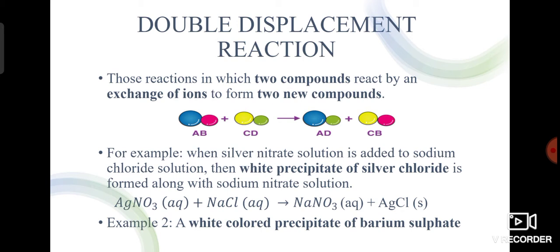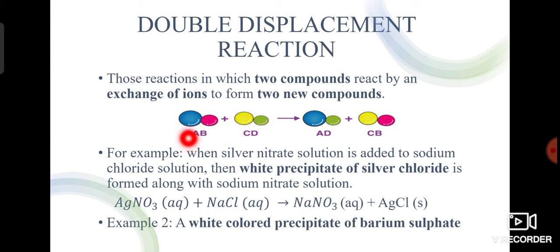I hope it is visible that two reactants are there. AB is reactant 1, CD is reactant 2. Then the two products which are formed in this reaction are AD, the first product, and CB, the second product. So two reactants and two products, and these two compounds react by exchanging their ions.